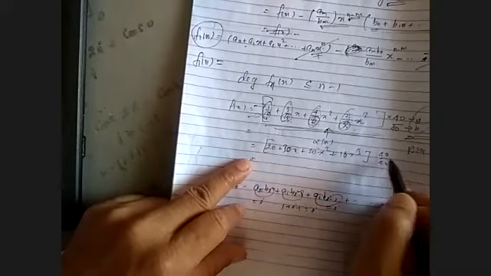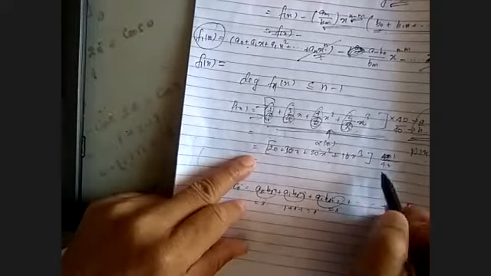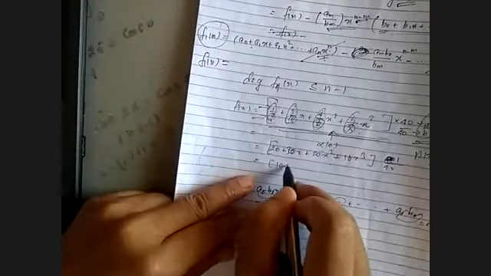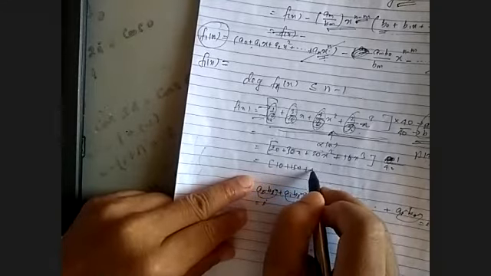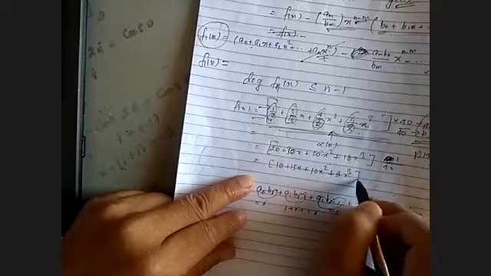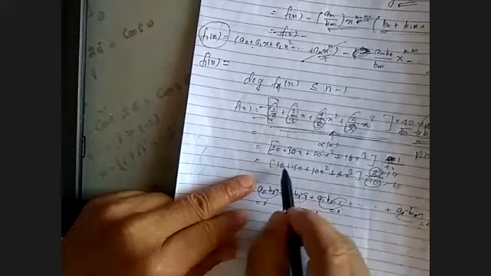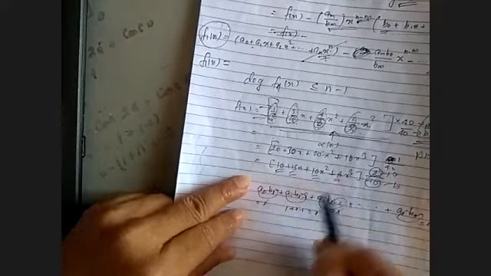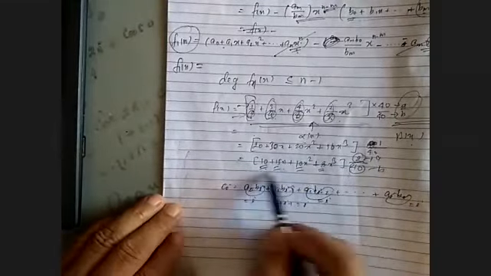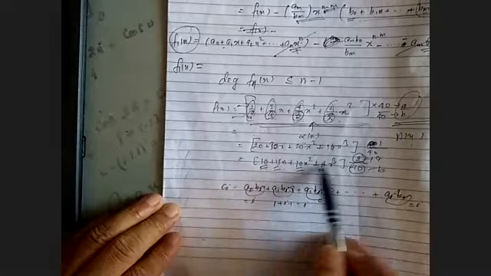If you take 2 as common outside, you can write 10 plus 15x plus 10x square plus 8x cube, and 2 upon 40. This is a, this is b, and the GCD of these elements will be equal to 1. GCD of these elements means the polynomial will reduce to a primitive polynomial. I have shown some examples here.